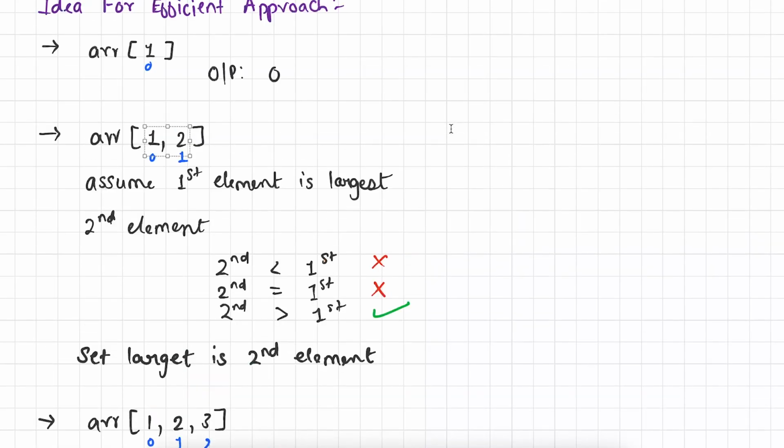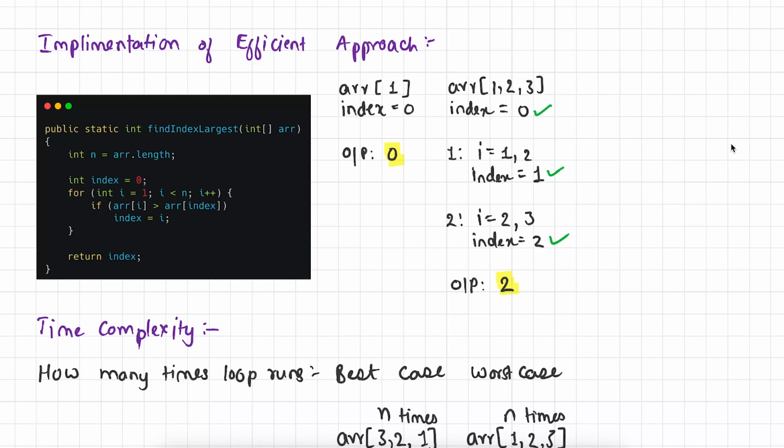So we first start by assuming that the 0th element is the largest element. In the first statement, we are simply storing the length of the array in variable n by using the length property of the array class. And then we are assuming that the first element at index 0 is the largest element. So that's why I am storing 0 in the index variable.